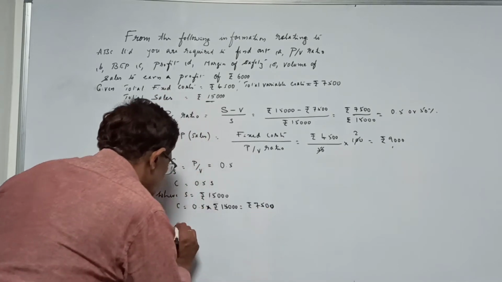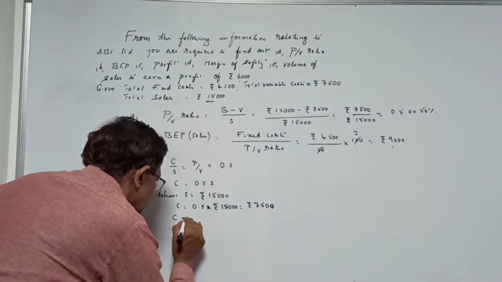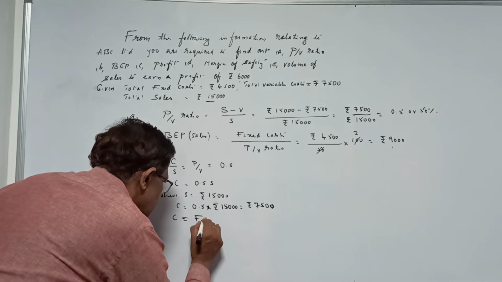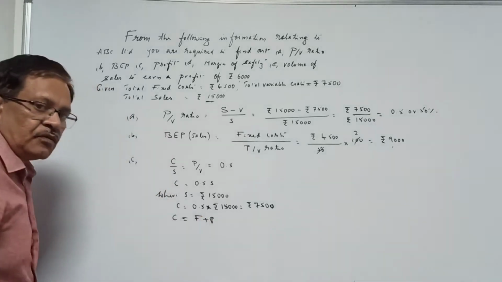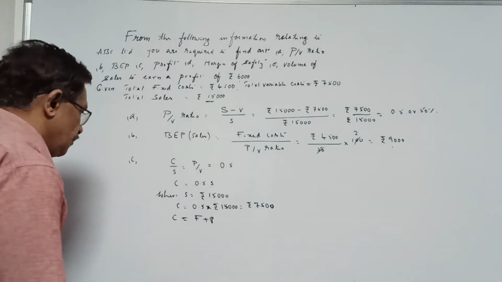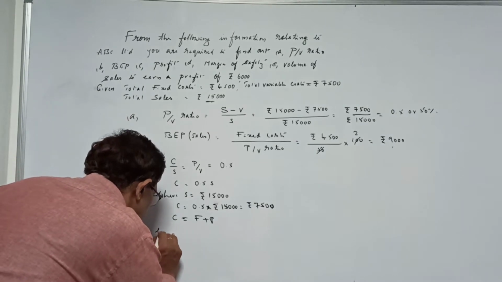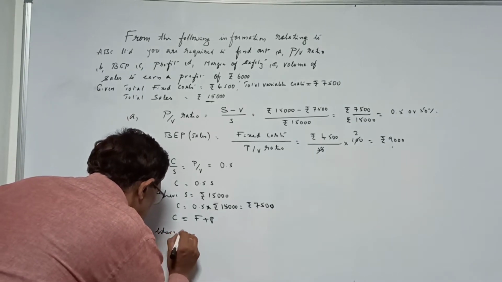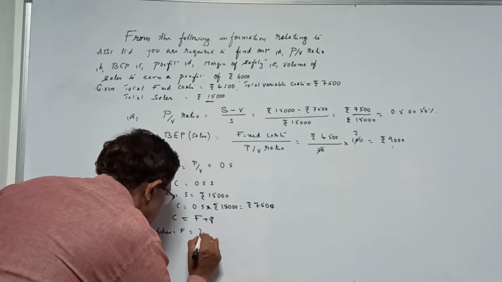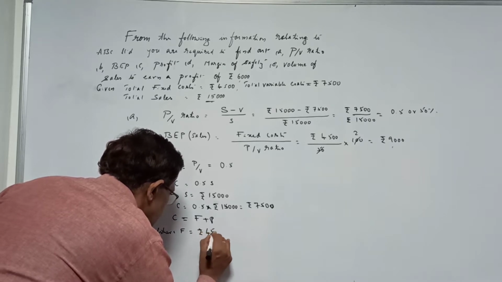We also know that C is nothing but equivalent to F plus P. C is nothing but F plus P, where F is nothing but rupees 4,500, which is given to us.